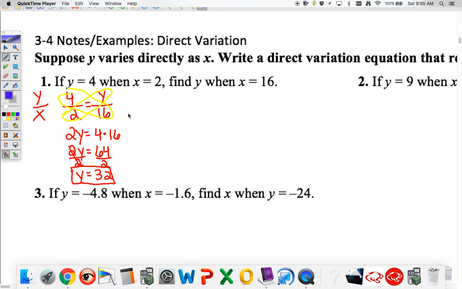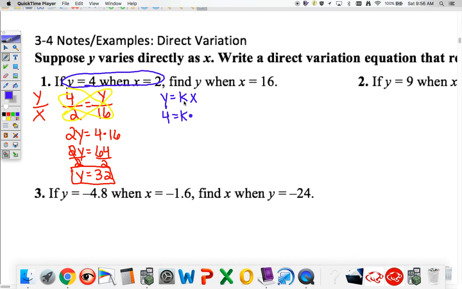The second thing that we have to do is we have to write an equation. Okay, so for direct variation, the equation will always be y equals k times x. So what we have to do is we're going to plug in this original piece to find k. So y, it tells me right here y is equal to 4. K, that's what we're solving for.